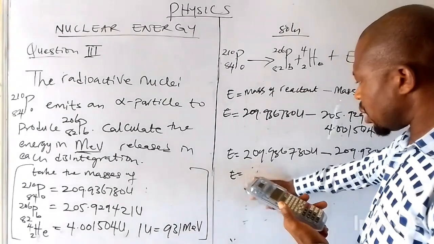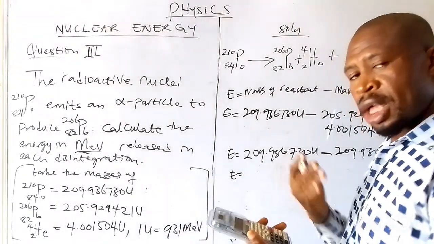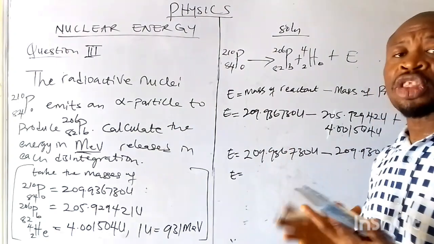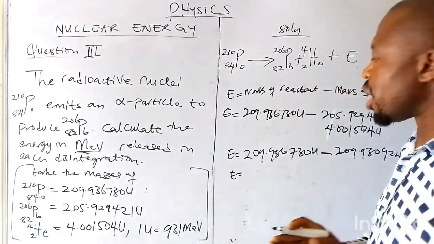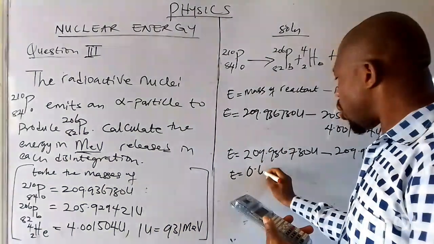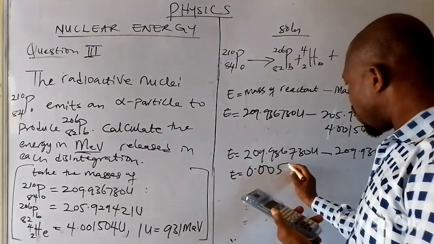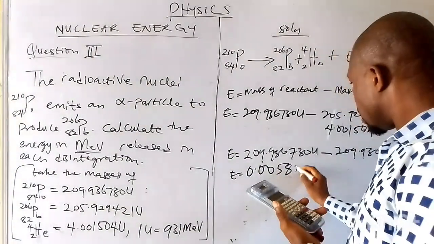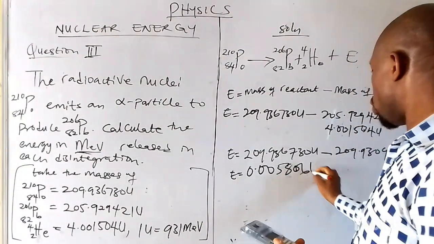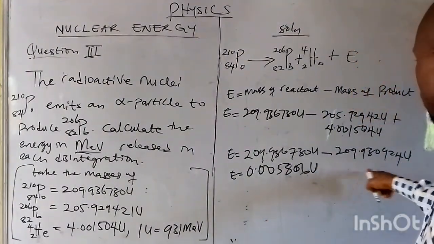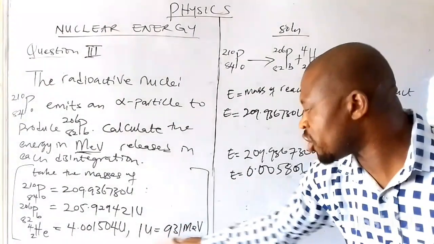Let me write it as it is here. Some calculators will give it to you in standard form, some will give it in ordinary form. Mine gave it to us in ordinary form: 0.005806 u. At this point, put the value of u. Remember, u is given to us as just 931.